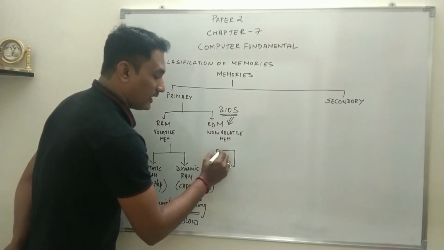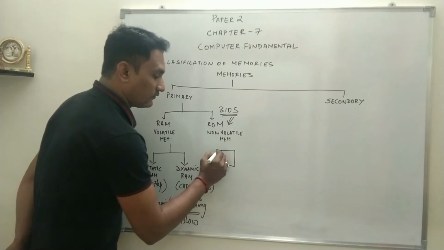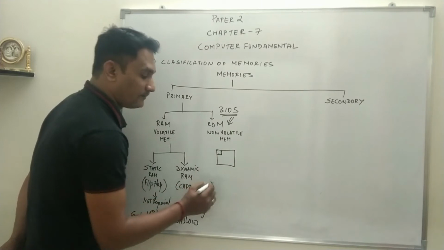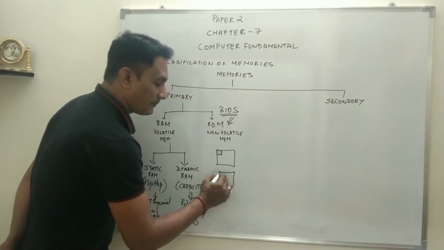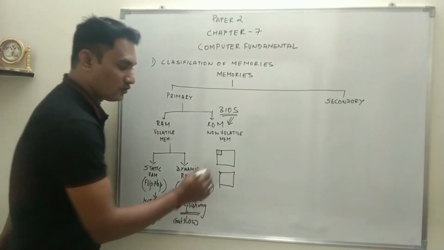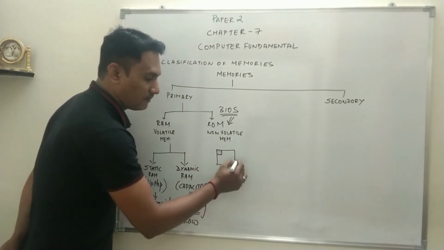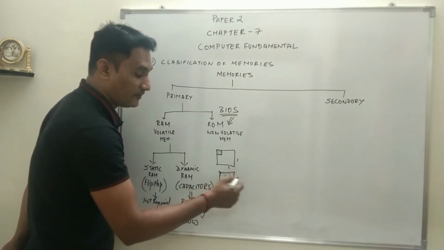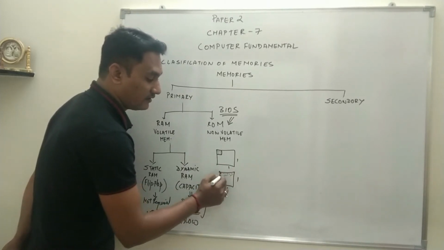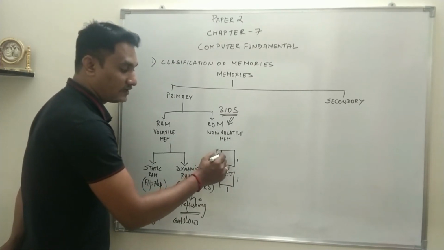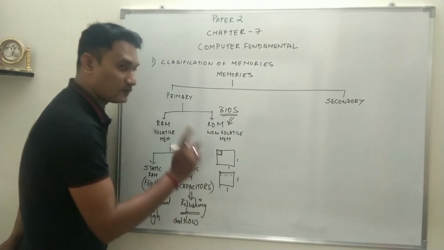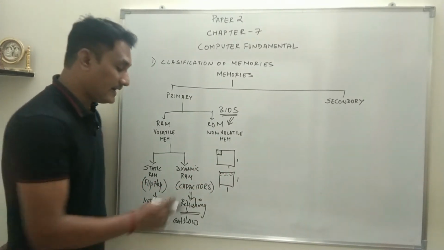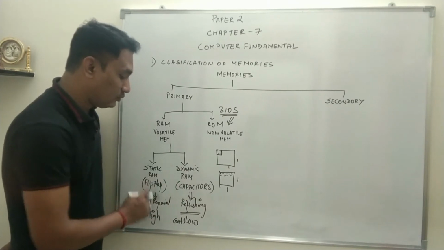That means I will require 8 transistors, 1 2 3 4 5 6 7 8. So 8 transistors will make one memory location, whereas in capacitive memory, one capacitor is one memory location. So in a single chip of say 1 by 1, the number of memory locations using capacitors will be much higher. Here 8 dots make one memory, there 1 dot makes one memory. So on a 1 by 1 chip, the number of memory locations in dynamic RAM will be more compared to static RAM.